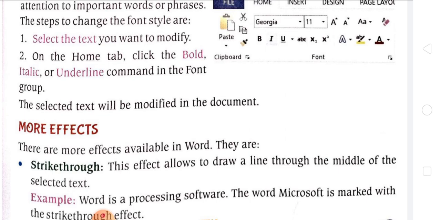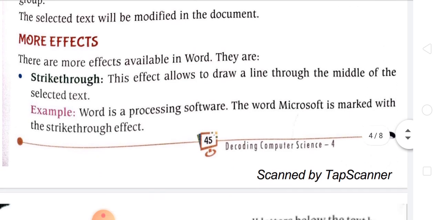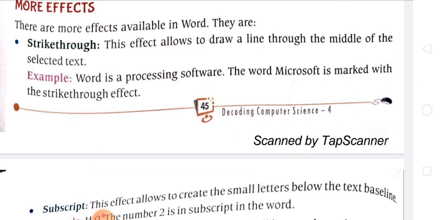The effect of drawing a line through the middle of the selected text is known as strike through. For example, Word is processing software. The Microsoft is marked with the strike through effect.